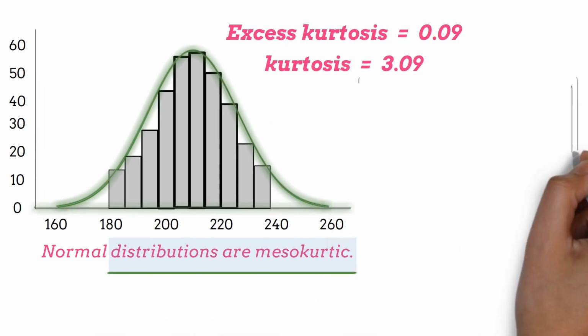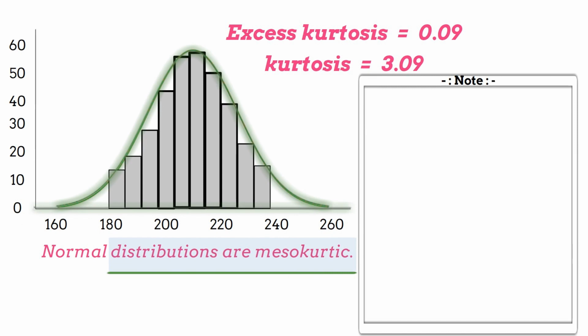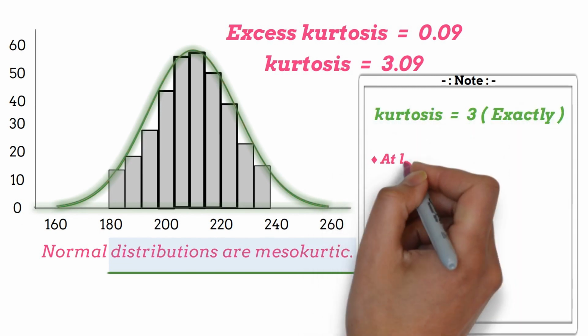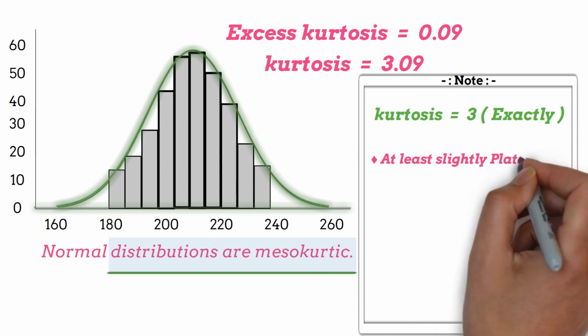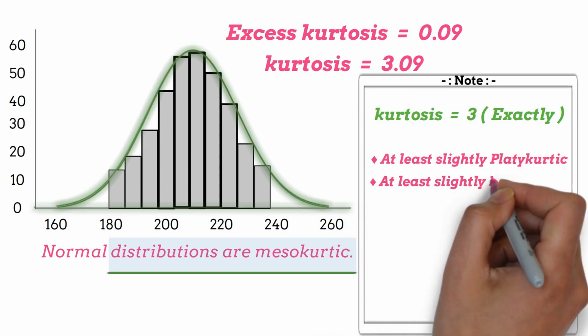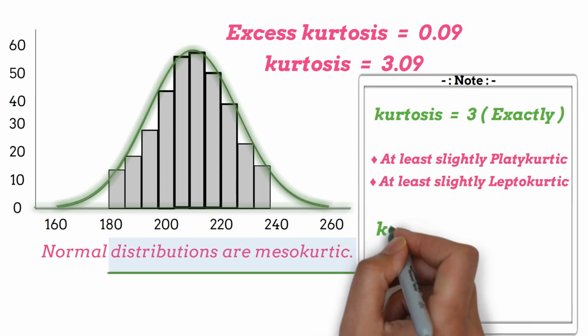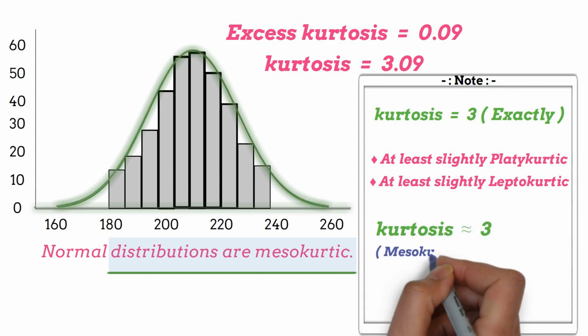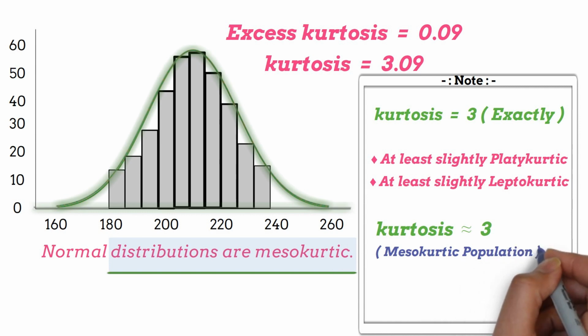Although a population's probability distribution can have a kurtosis of exactly 3, real data is almost always at least slightly platykurtic or leptokurtic. If a sample has a kurtosis of approximately 3, you can assume it's drawn from a mesokurtic population.